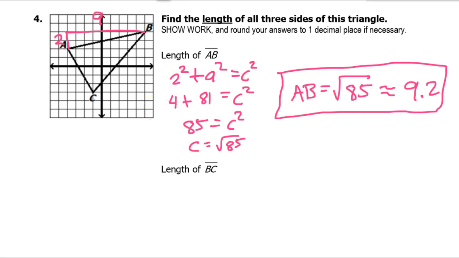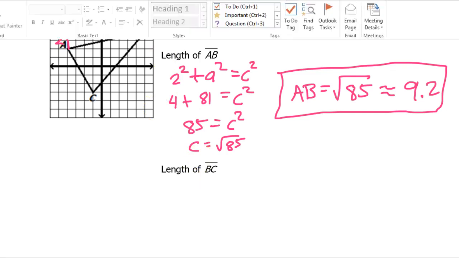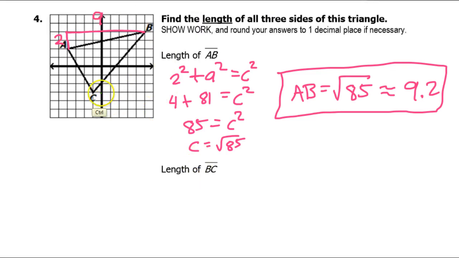Similarly, we can find the length of BC. I think I'll change colors. We can find the length of BC by forming a right triangle out of it. So this is 6 down here, and this is 7 right here. And of course, BC is the hypotenuse. So here goes the Pythagorean theorem. 6 squared plus 7 squared is equal to c squared.